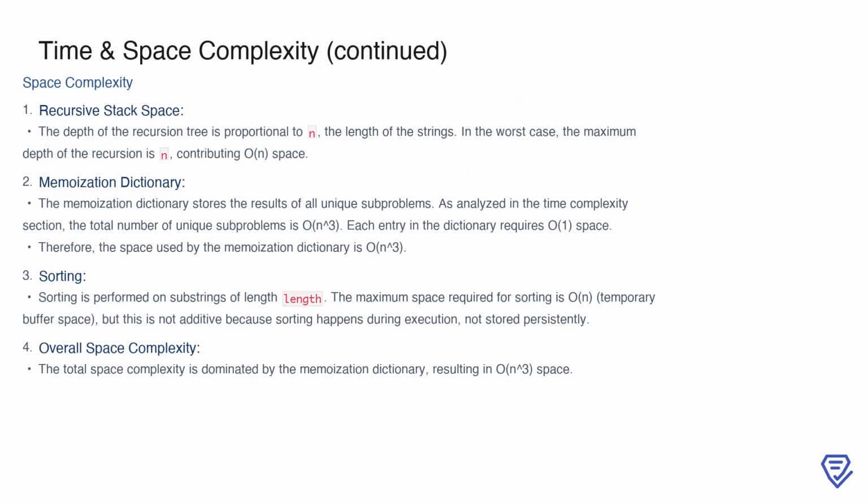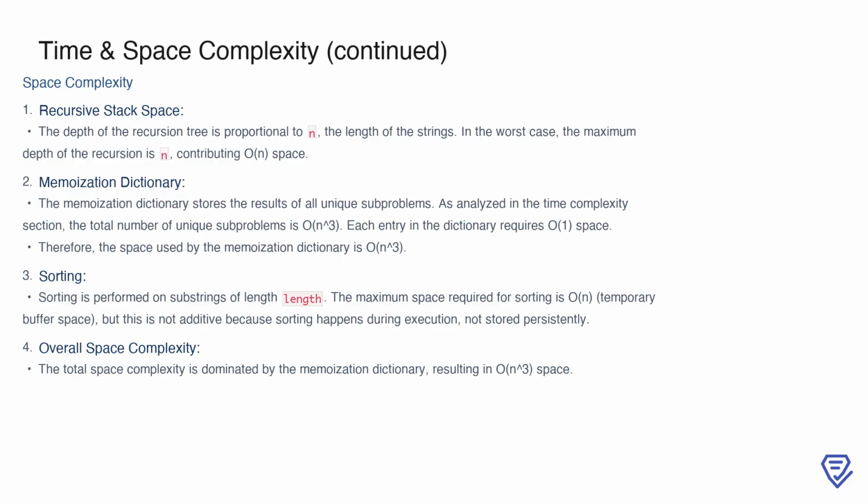Turning our attention to space complexity, the recursive stack space is the first contributor. The depth of the recursion tree is proportional to the length of the strings, n. In the worst case, this depth reaches n, adding O(n) space. Next, the memoization dictionary stores the results of all unique subproblems. As we calculated earlier, there are n cubed unique subproblems.